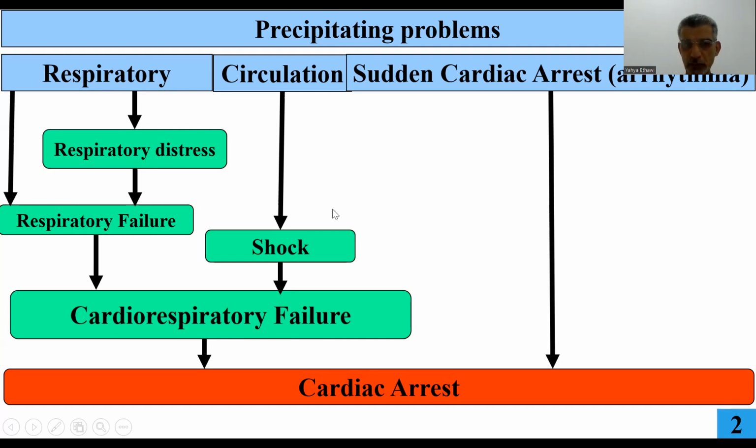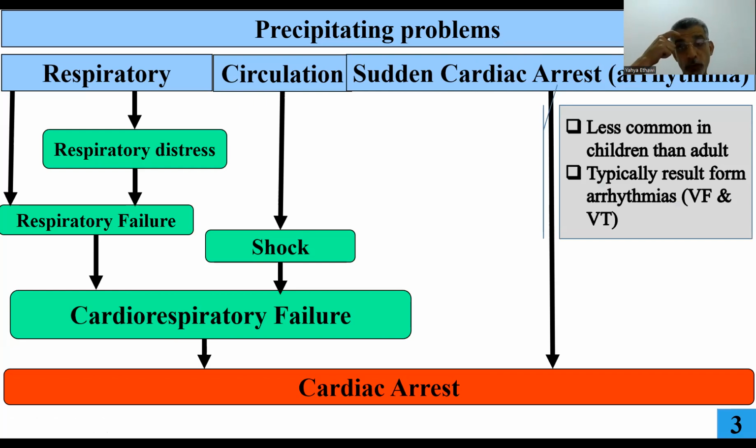Failure of circulation causes shock, and we will learn what shock is. It also causes cardiorespiratory failure and then cardiac arrest. However, arrhythmia can sometimes cause cardiac arrest, so ultimately your heart stops beating.